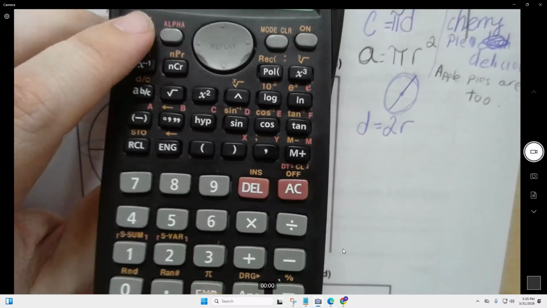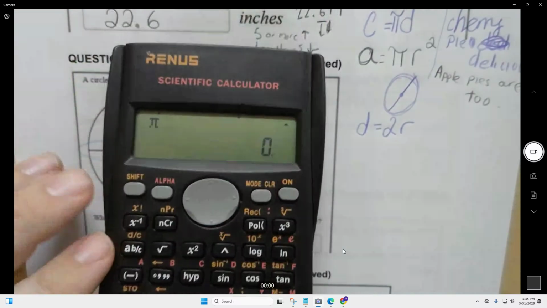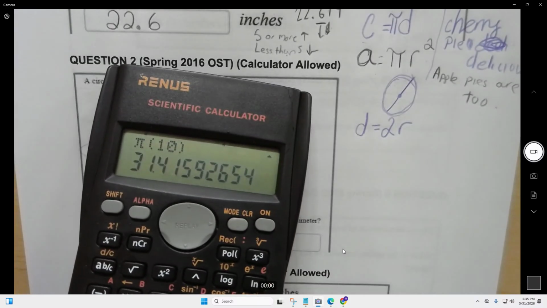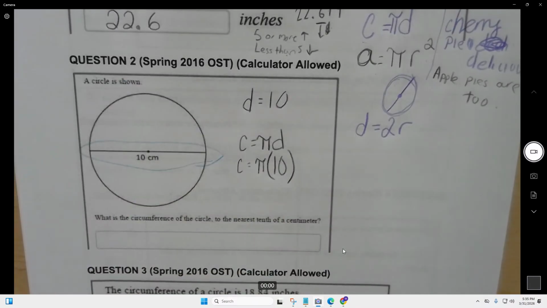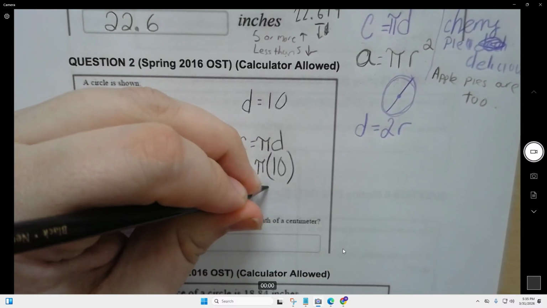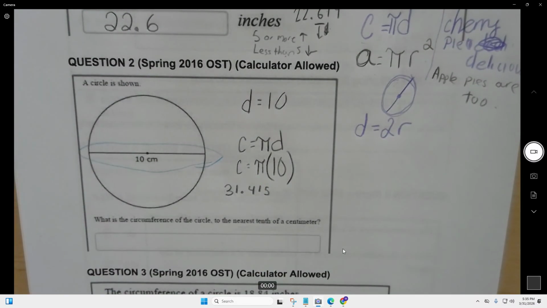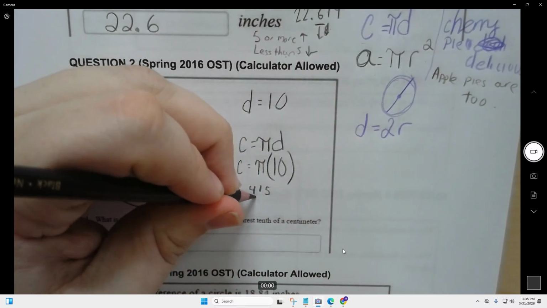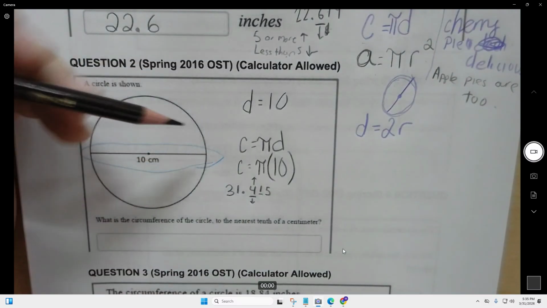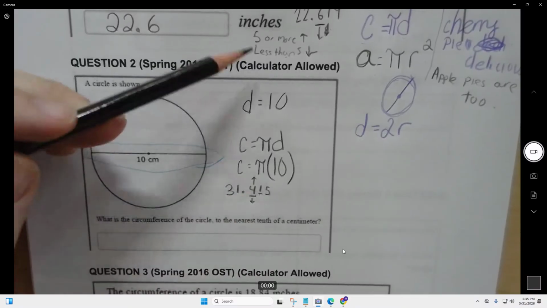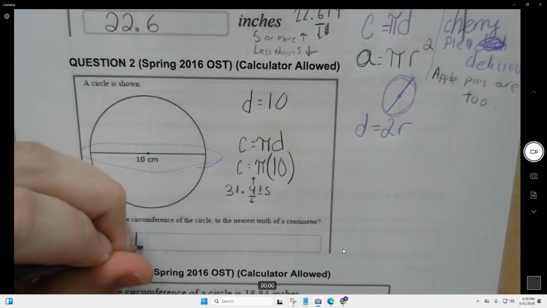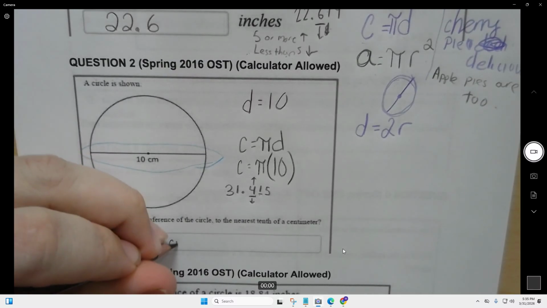Same thing, shift EXP for pi times 10. You get 31.4159. We're rounding it to the nearest tenth, so this number will go up or down based on this number. This number is again a 1, which is less than 5, so it's going to round down to 31.4 centimeters.